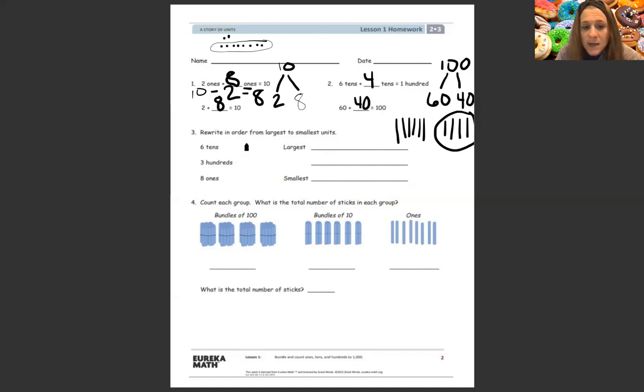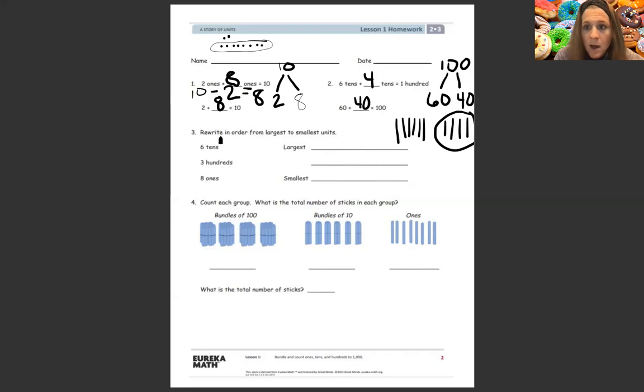Okay, so the next question says rewrite in order from largest to smallest. Okay, so we have 6 tens, we have 3 sets of hundreds, and 8 ones. Our 8 ones are just going to be like 8 pennies, 8 pieces of cereal, 8 dots, whatever.